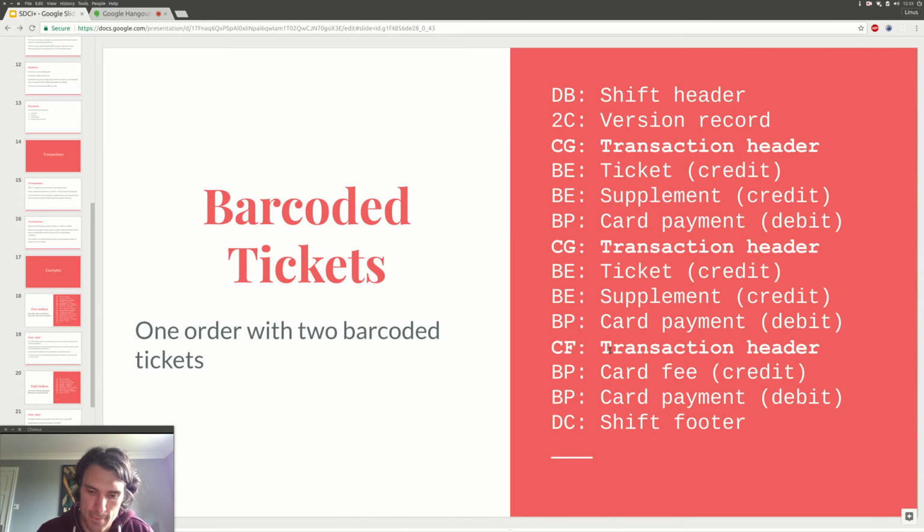Actually, with these new shared tickets, we are supposed to do one BE record for the ticket, and for each reservation, which is a supplement, another BE record. So the transactions would be one BE ticket and, for example, 2 BE supplement records. Yep. Okay.